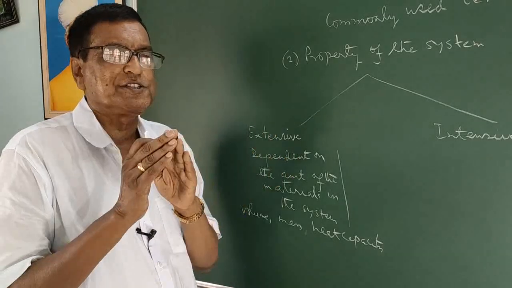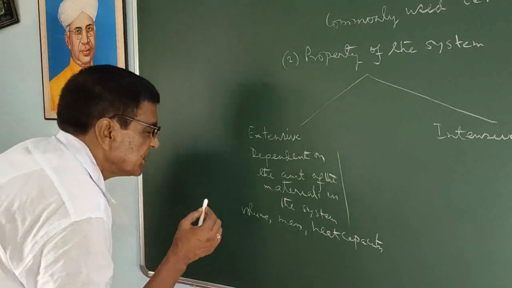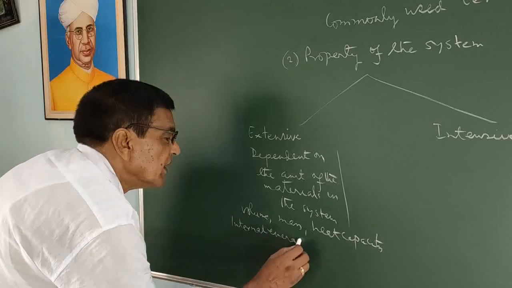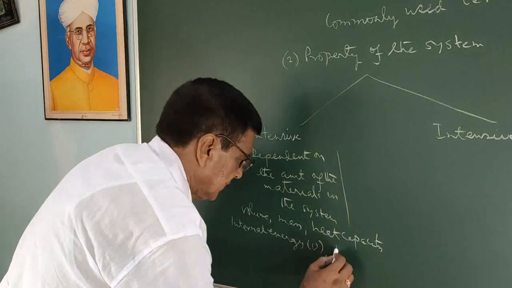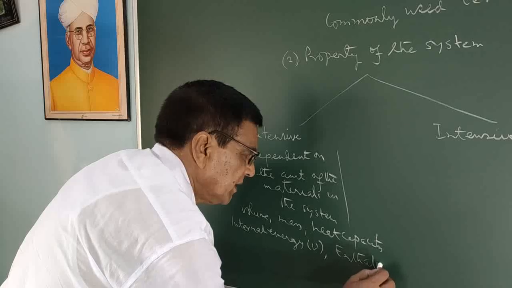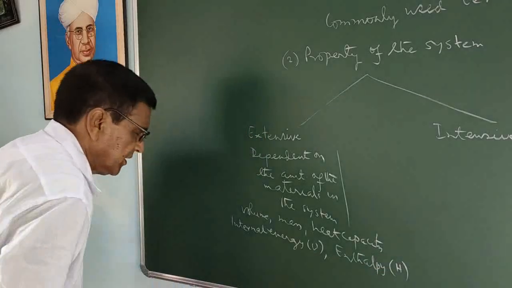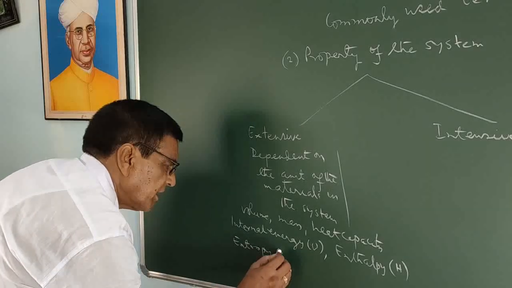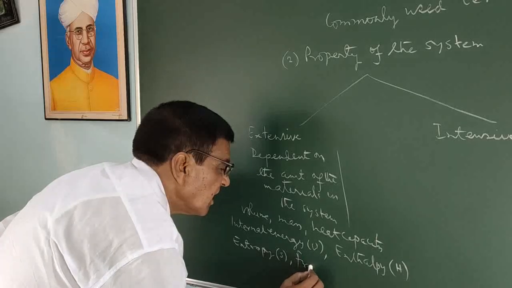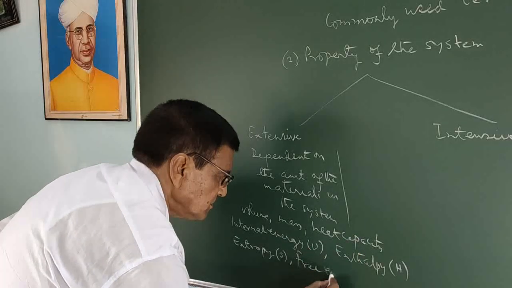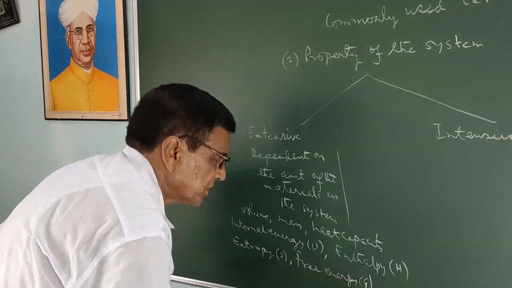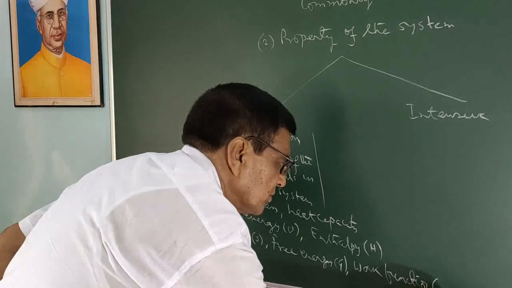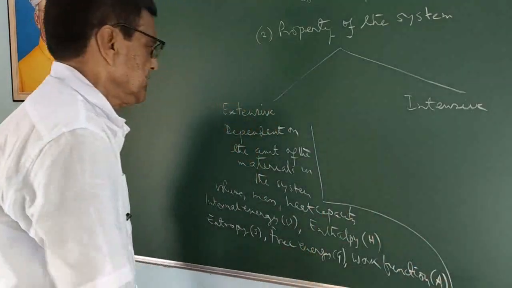They are very important, and these 5 thermodynamical properties are internal energy, denoted by U, enthalpy, denoted by H, and the most important one is entropy, denoted by S. Free energy, denoted by G, and work function, denoted by A. So these are the extensive properties.